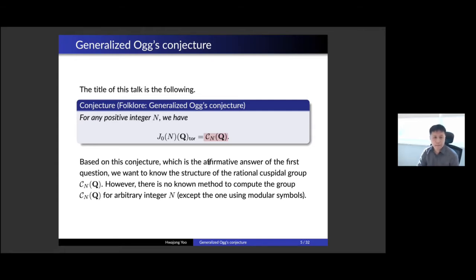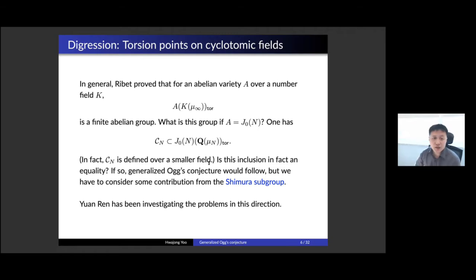So one digression is that one can prove, for an abelian variety A over a number field K, that the torsion points of A over K(mu_infinity) are finite. Here K(mu_infinity) is a cyclotomic extension of K. And what is this group if A is J_0(n)? Then one has that the cuspidal group is defined over some cyclotomic field, thus this is inside the Q(mu_infinity) torsion subgroup.